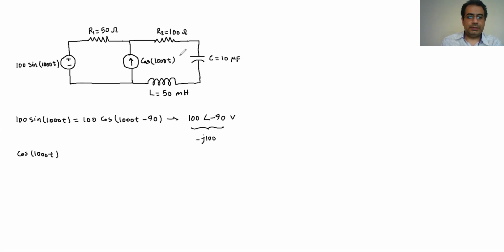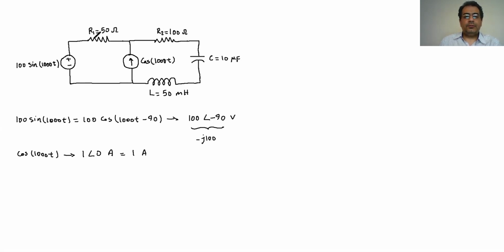Again, we can do this because the omega t here and omega t here is the same. If they were not, we could not. So this magnitude is 1 here. If I convert it to phasor, the magnitude is 1 and the angle is 0. So I can write it as 1 with angle 0 amp, or simply 1 amp, because this is only a real value, it doesn't have any complex part.